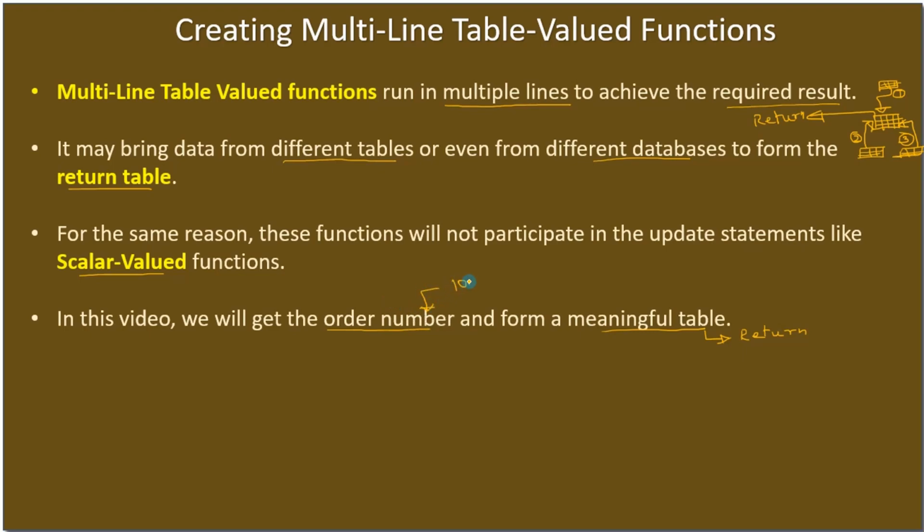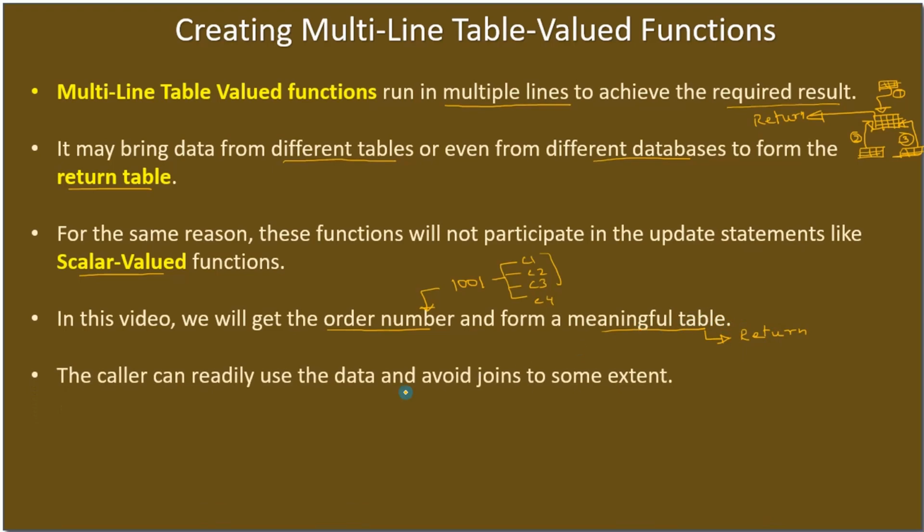Say the order number is 1001; from this 1001 we will walk through different tables to form the columns C1, C2, C3, C4. This is a table, and we will return that table. The caller can readily use the data and avoid joins to some extent, because the function will take care of those.